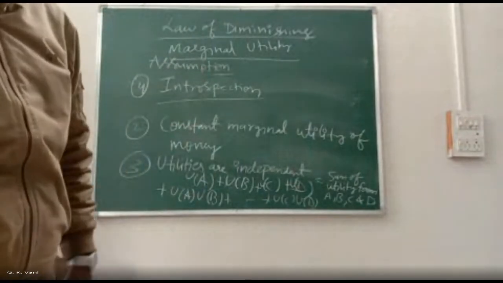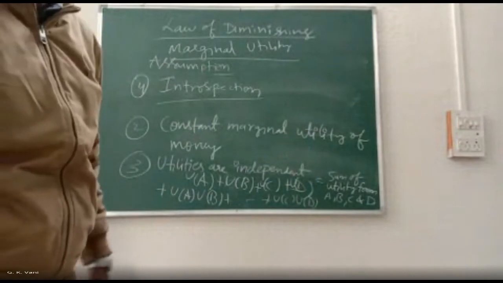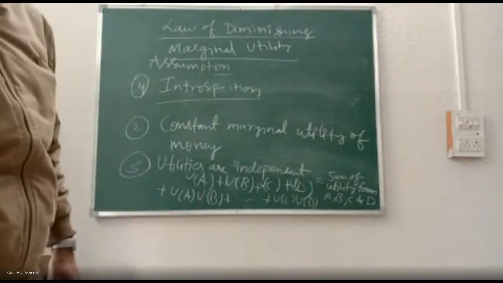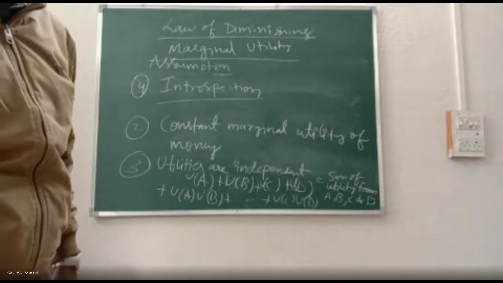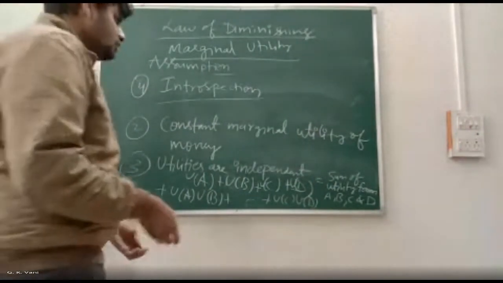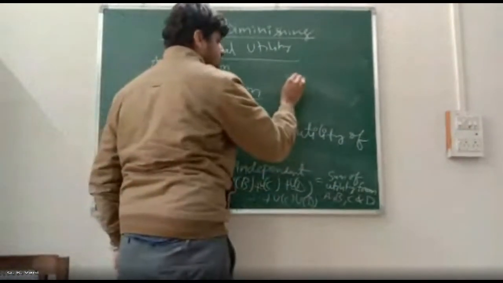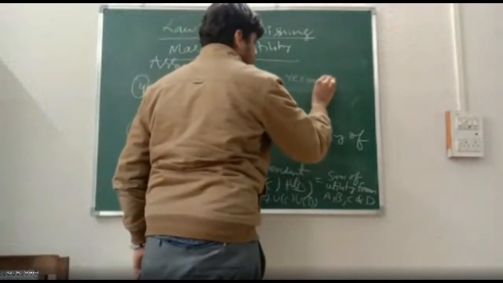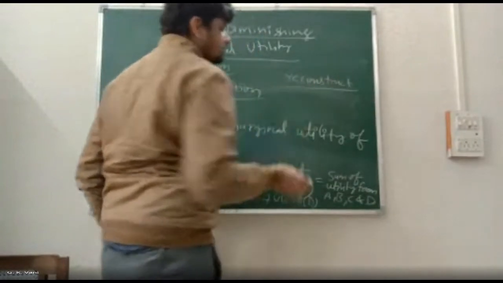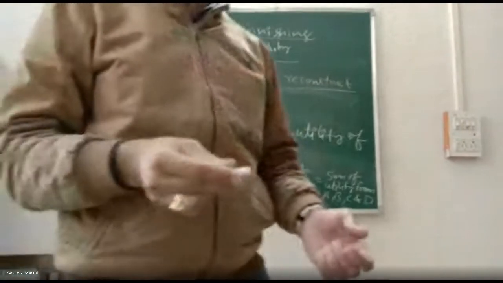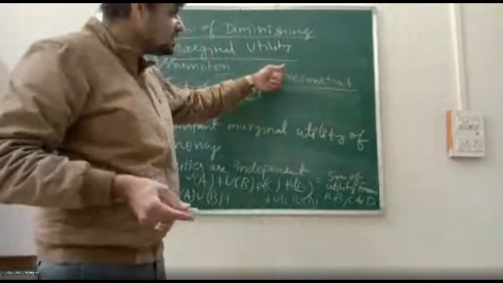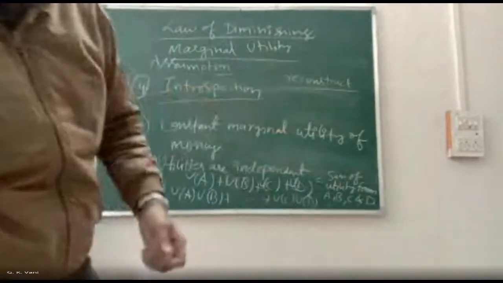Literally, we can say introspection is the ability of an observer to reconstruct events which go on in the minds of another person, if he experiences the same set of activities.